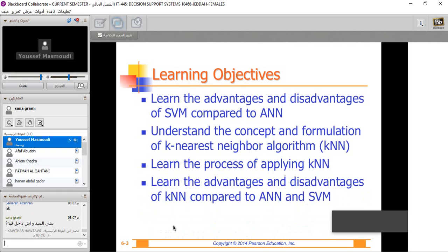Understand the concept and formulation of another algorithm, which is called K-nearest neighbor algorithm, KNN. This is a very simple and easy algorithm. Learn the process of applying K-nearest neighbor algorithm and learn the advantages and disadvantages of KNN compared to ANN and SVM.